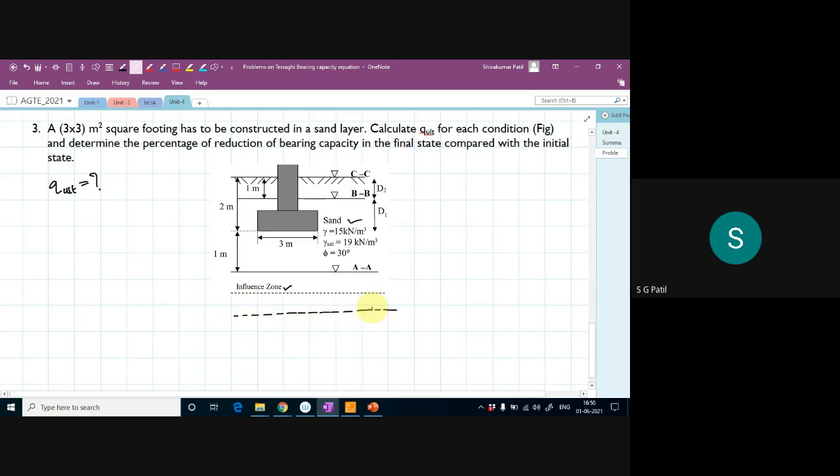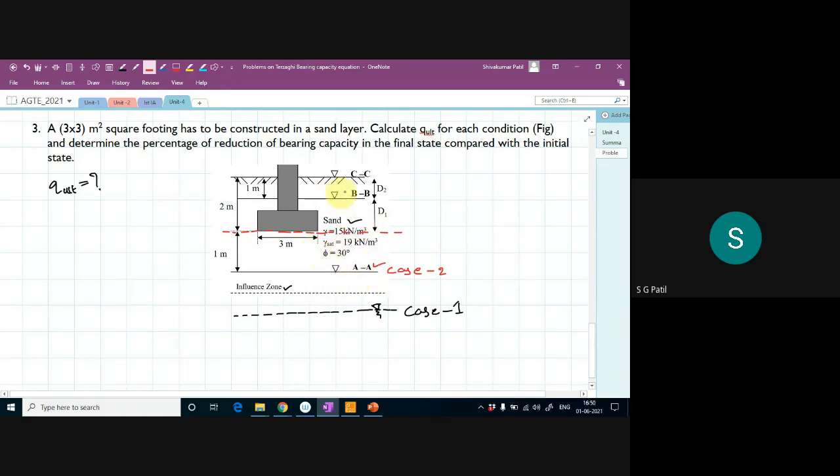Then my second case is when the water table is in between, from the footing and before your influence zone. Case 2, the water table is at AA level.